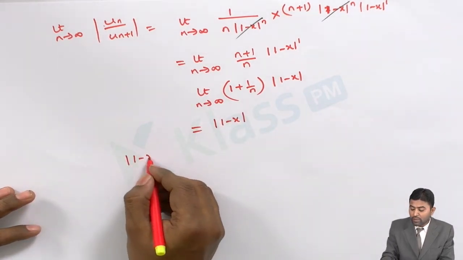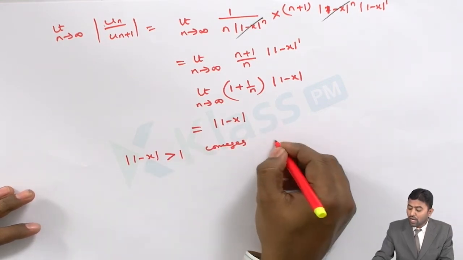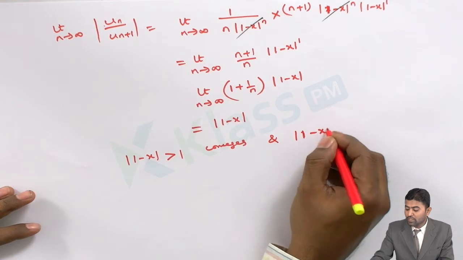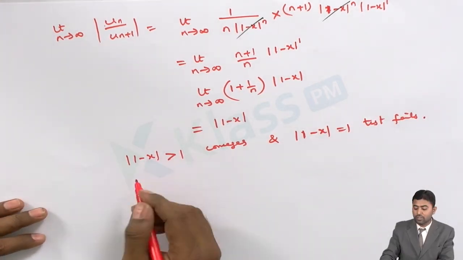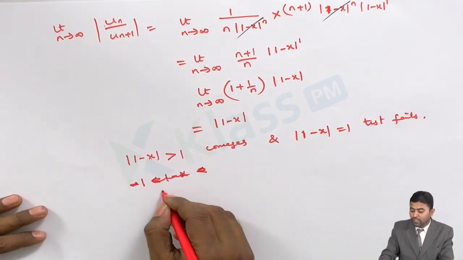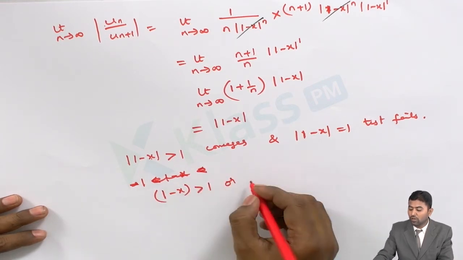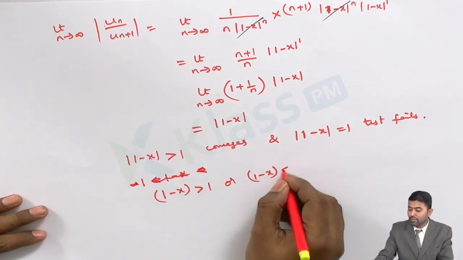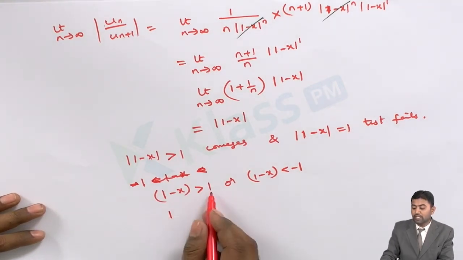So mod of (1 minus x) greater than 1 converges, and modulus of (1 minus x) equal to 1, the test fails. So I can write this as 1 minus x greater than 1 or 1 minus x less than minus 1. So I can write this as 1 minus x greater than 1.